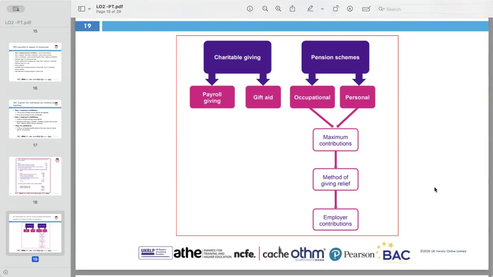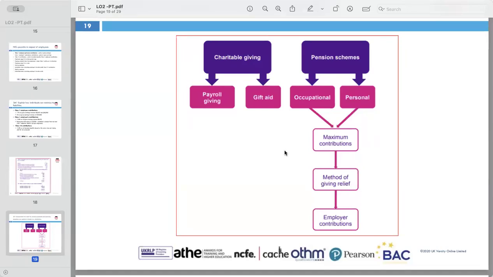So with payroll giving, individuals can donate to charity directly from their salary. Contributions are deducted from the individual's paycheck by their employer and then passed on to the chosen charity.